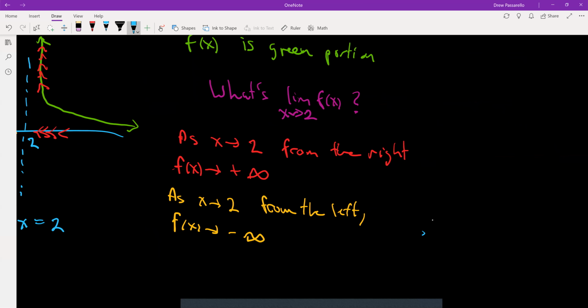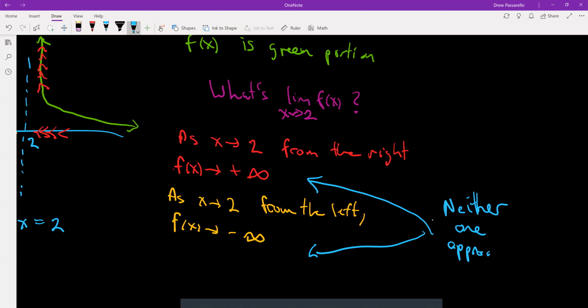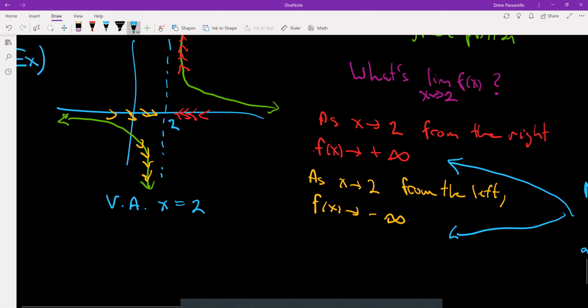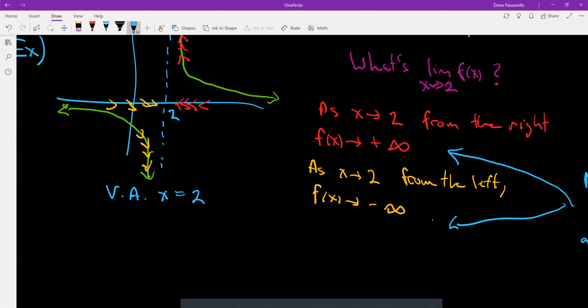So neither one of these approaches a finite value. So since they don't approach a finite value, the limit does not exist. So we have the limit as x goes to 2 of f of x does not exist. So I'll put D and E.